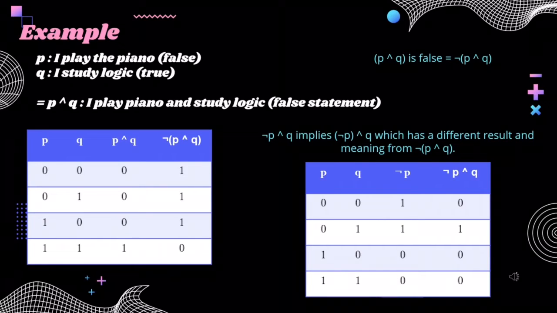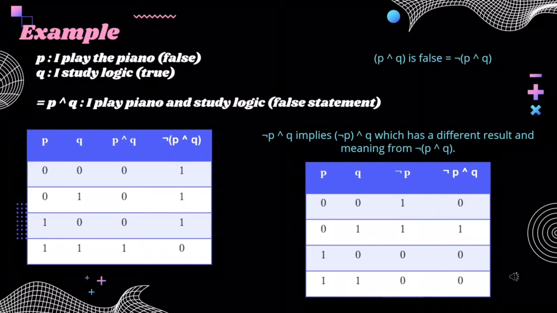We will do the table first using 0 and 1. If P is false and Q is also false, P and Q will be a false statement. And for not in bracket P and Q, it will be true, because there is the symbol of not.